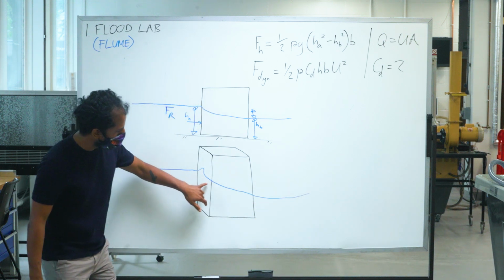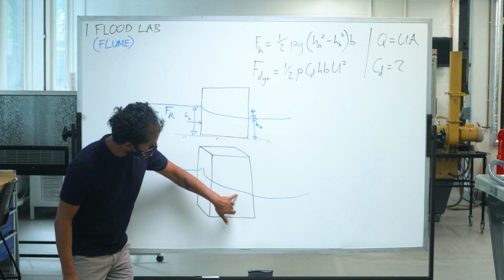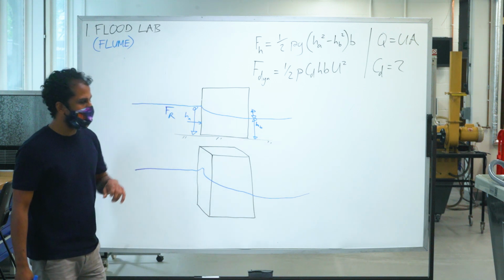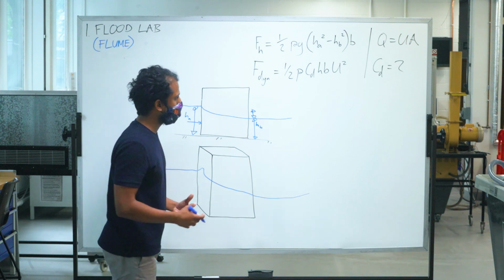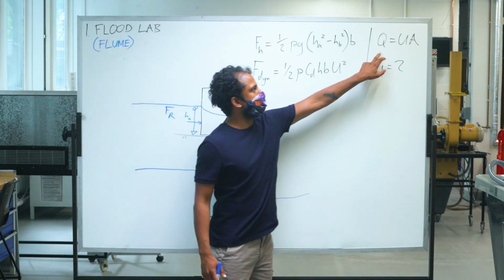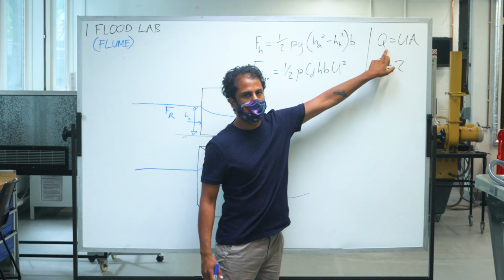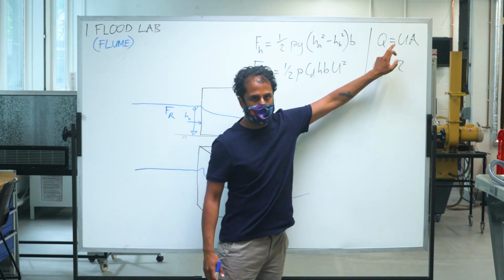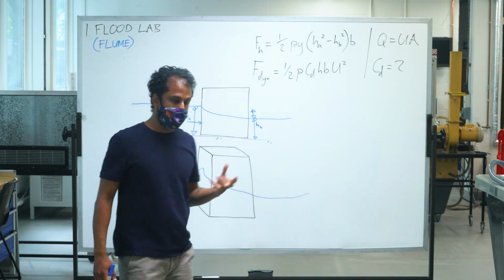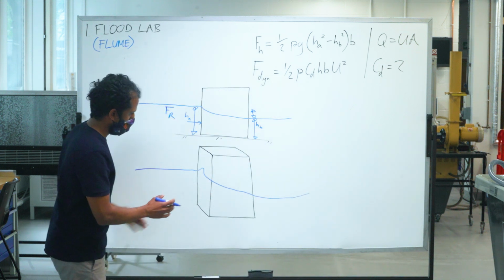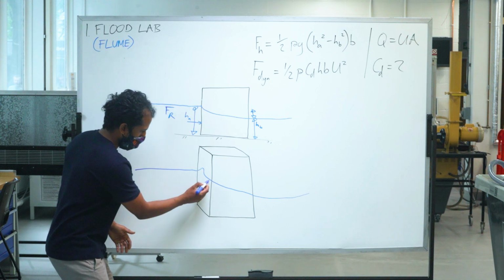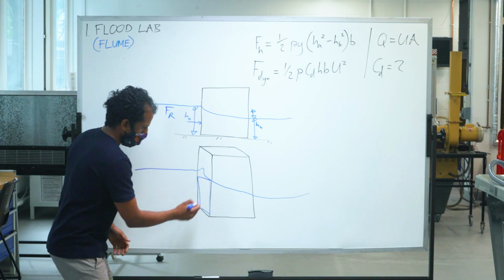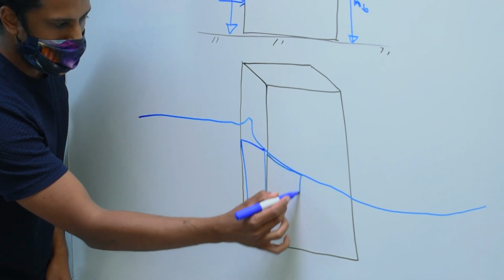In that, the drop in our free surface profile is a result of an acceleration of the flow. So if we think about our continuity equation, our total discharge per cubic meter per unit time is equal to the velocity of the flow multiplied by the area through which that flow is flowing. And in this case, it will be a channel. It'll have an area like this, whatever the area of the channel is.